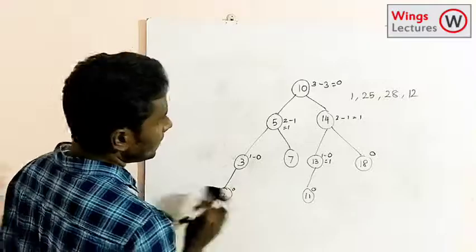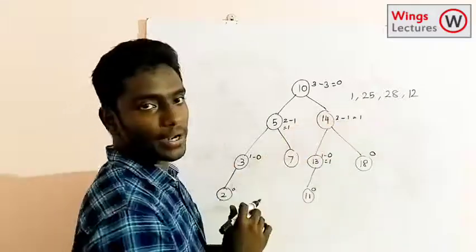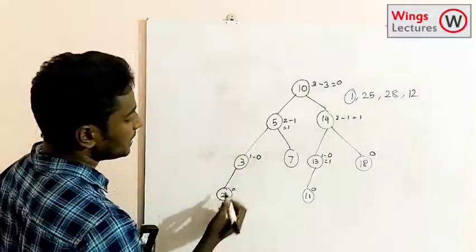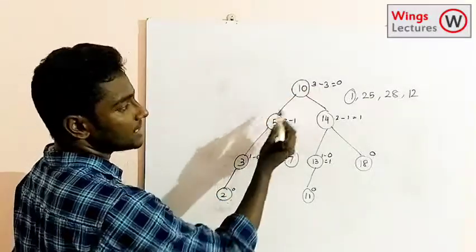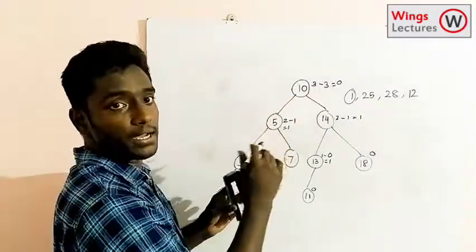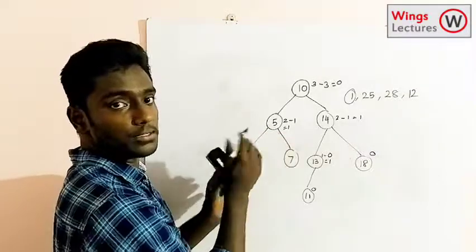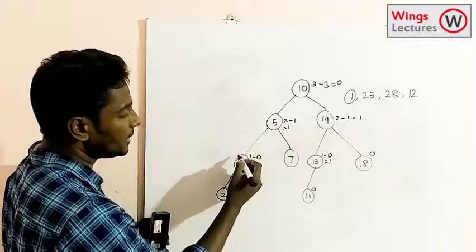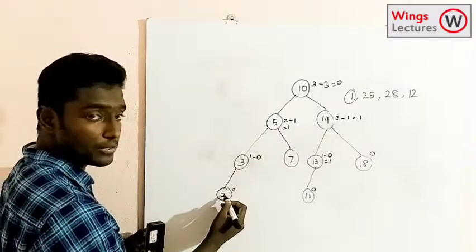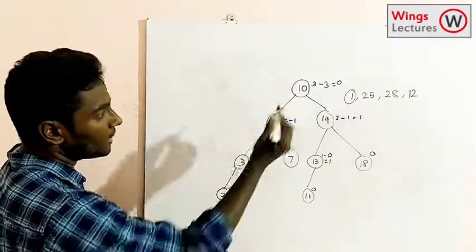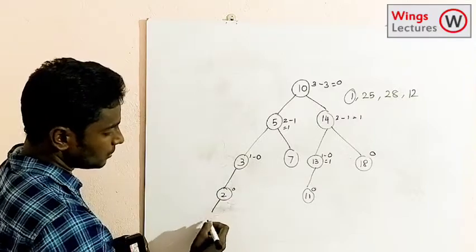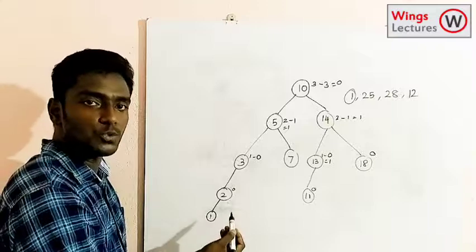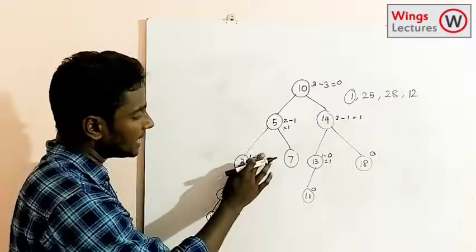Now I am going to insert 1 into this tree. See what will happen. 1 is less than 10, so it's going to the left subtree of 10. Again I am checking with 5, then it transfers to 3. Again I check with 2. 1 is lesser than 2, so I am going to place 1 as left subtree of 2. Now calculate the balance factor.